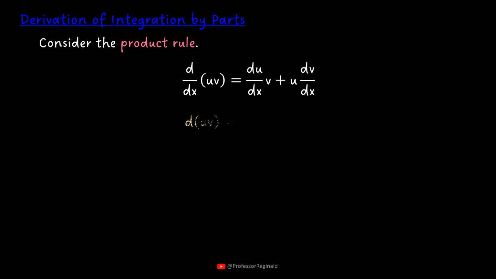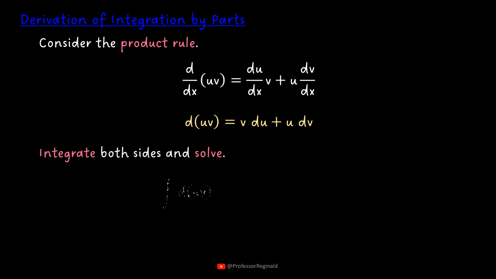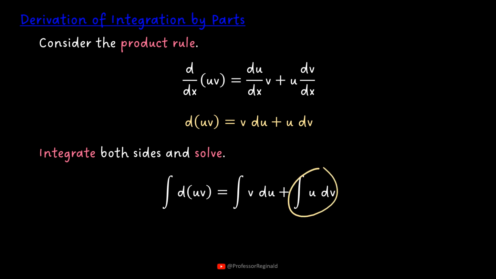In differential form, the product rule is written as follows. If we integrate both sides of the equation and solve for one of the integrals on the right side, say u dv, we get the integration rule for integration by parts.